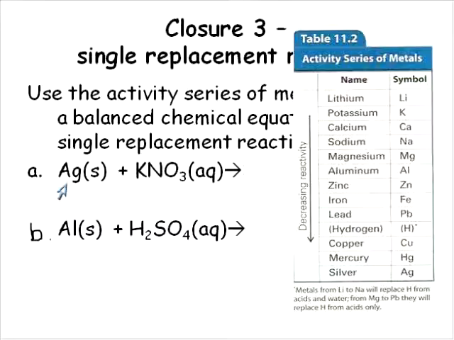So if we look at this, again, when we have a single replacement, we either switch the cations, or if we have anions here, we would switch the anions. This is a cation, this is a cation, so it will form a cation.